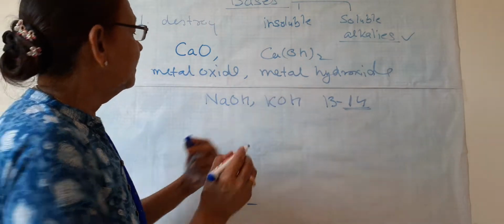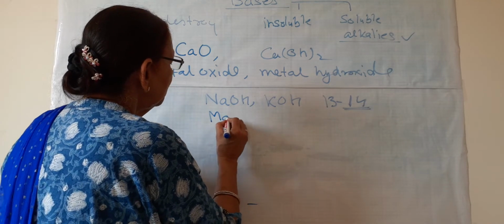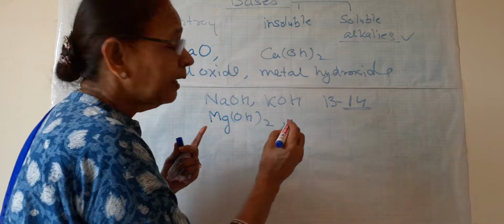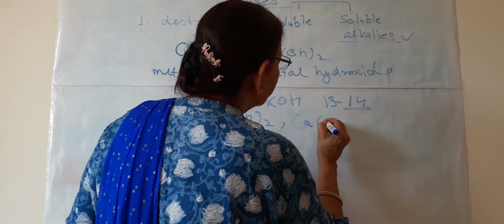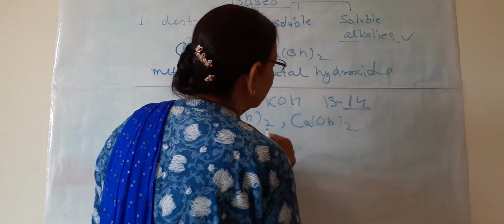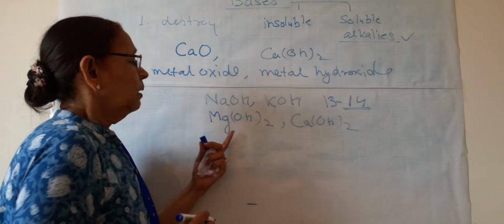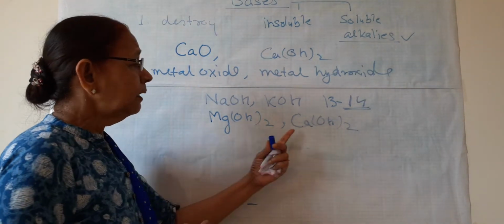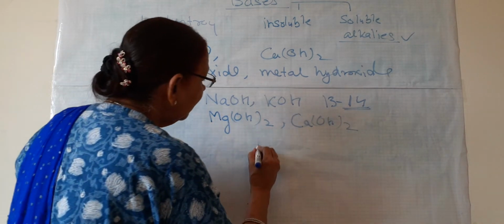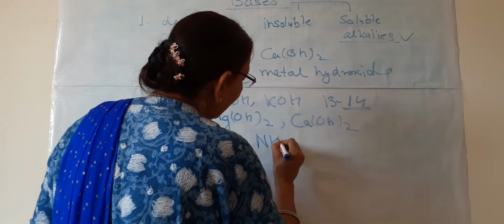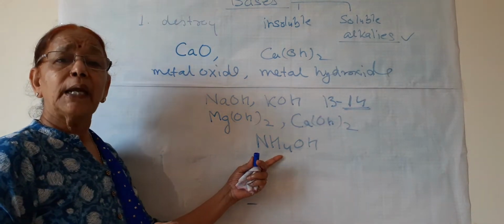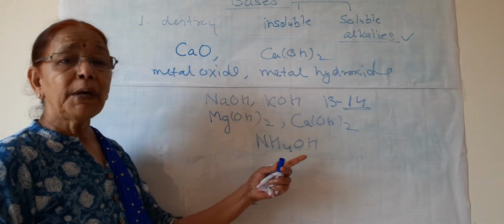The other alkalis which are not so strong are magnesium hydroxide and calcium hydroxide. These are metal hydroxides. Magnesium and calcium are metals. And one more, NH4OH, ammonium hydroxide.